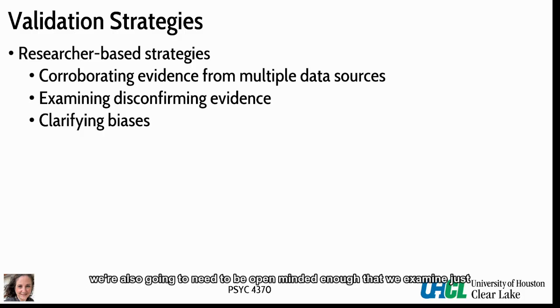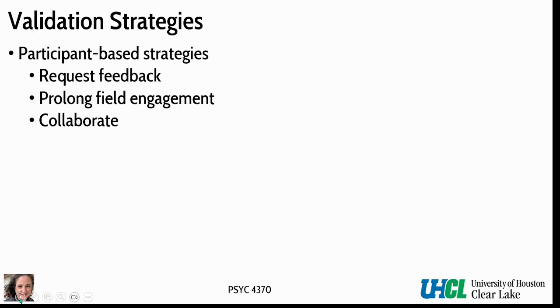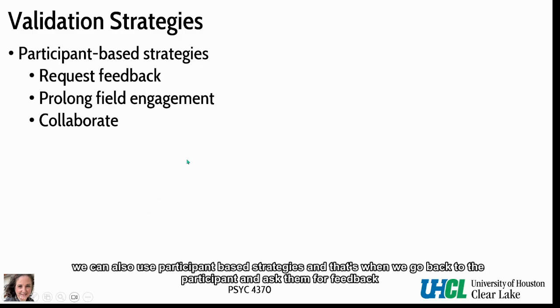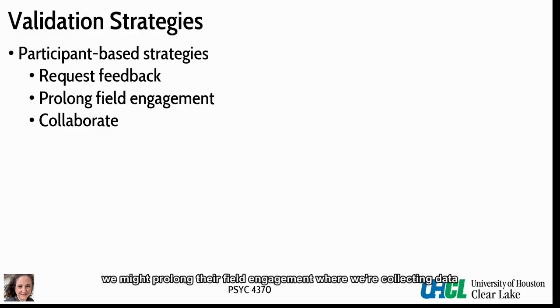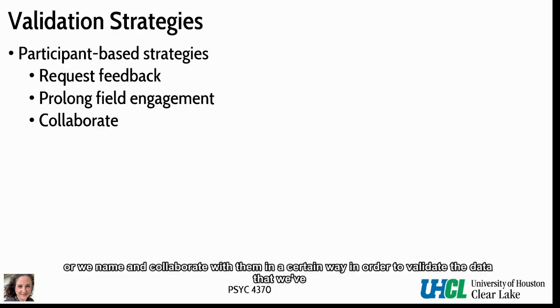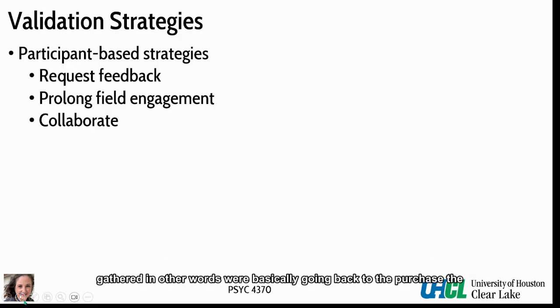We're also going to need to be open-minded enough that we examine disconfirming evidence and we examine and clarify any biases that we have as well. We can also use participant-based strategies, and that's when we go back to the participant and ask them for feedback. We might prolong our field engagement where we're collecting data, or we may even collaborate with them in a certain way in order to validate the data that we've gathered. In other words, we're basically going back to the participant and asking, does this capture what you were trying to say?